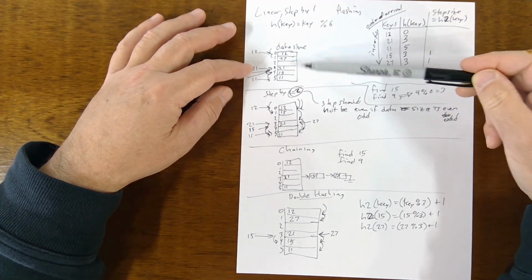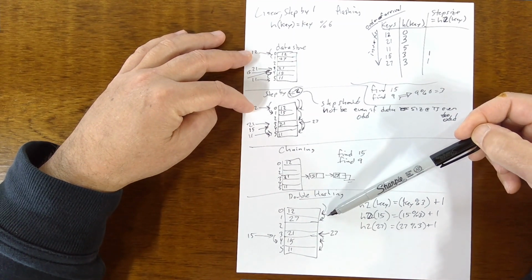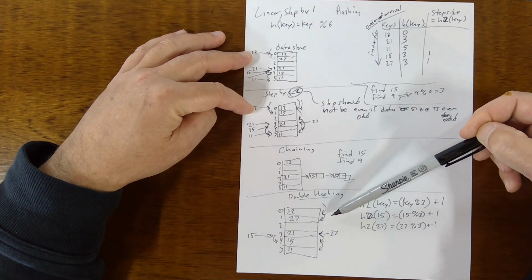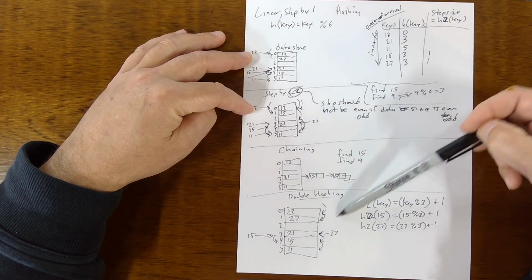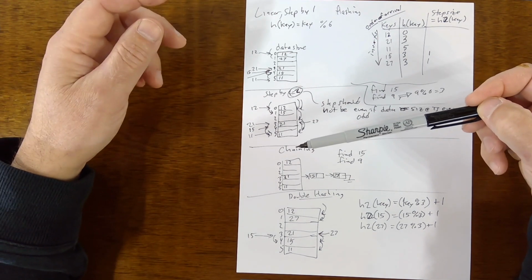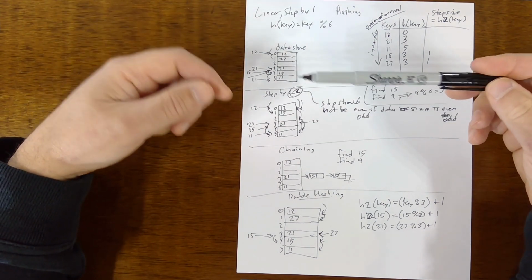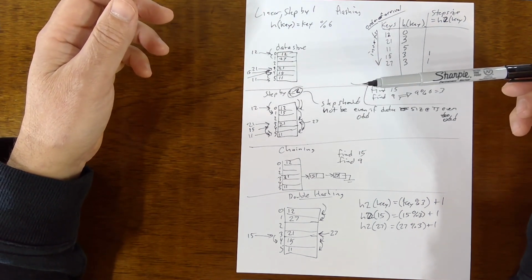Here we're stepping by 1. Here we're stepping by some constant size 2. Here each key has a unique step size. And the idea with these different steppings is just to spread the data out in the array, because spreading the data out reduces the probability of collisions.